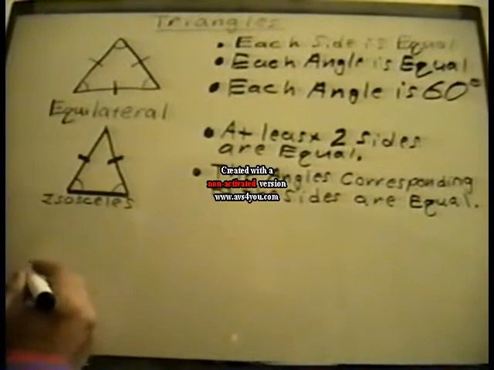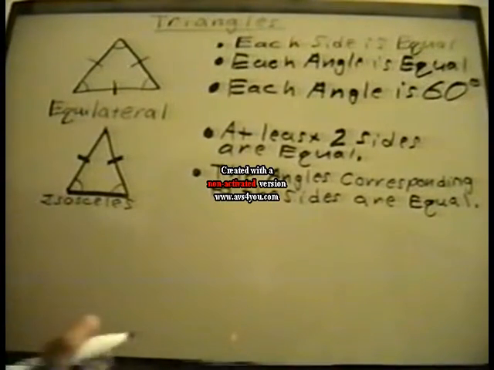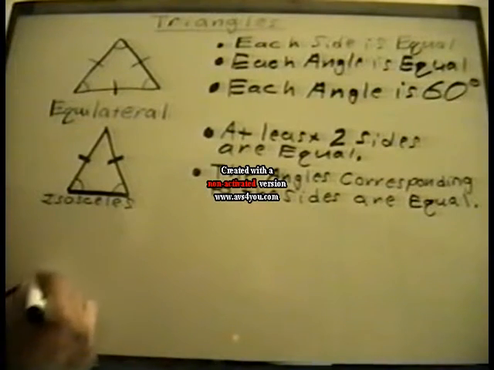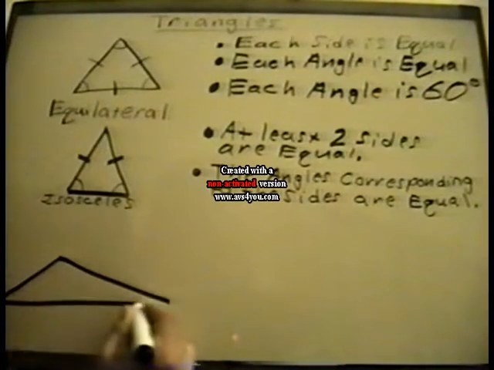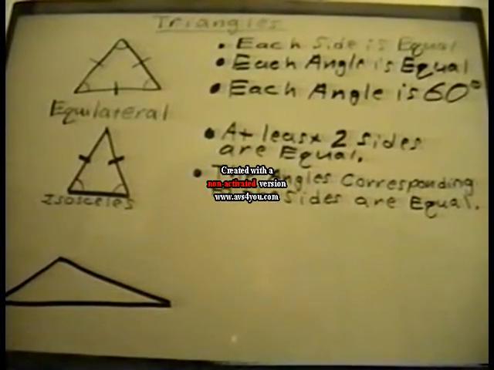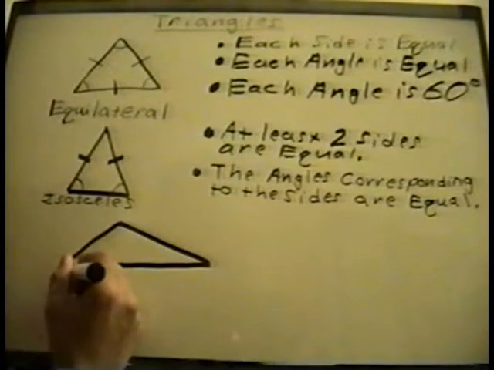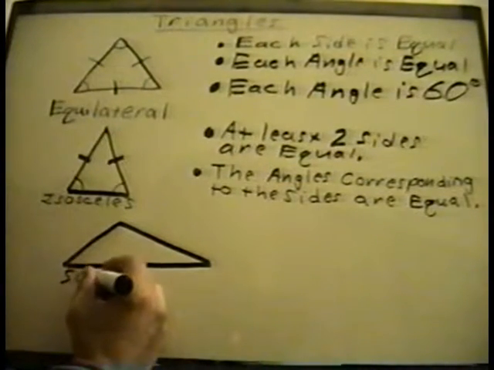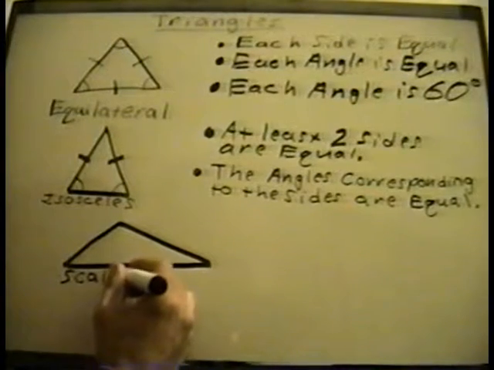And the third type of triangle that we want to discuss is a scalene. So we have a scalene here. Now, for a scalene triangle, that means all three sides are unequal.